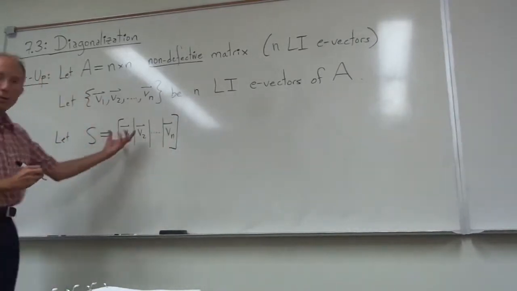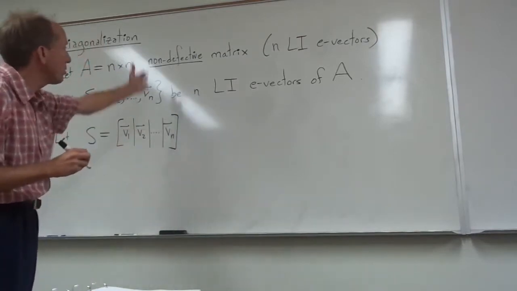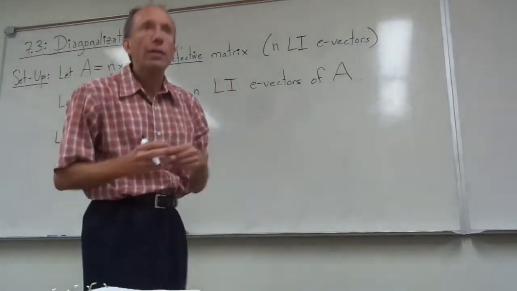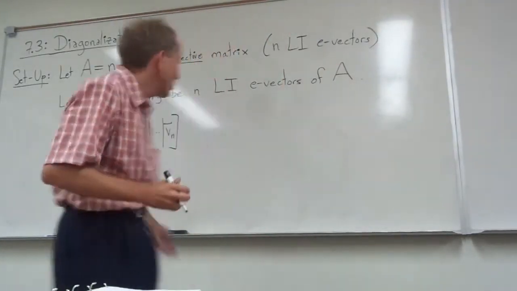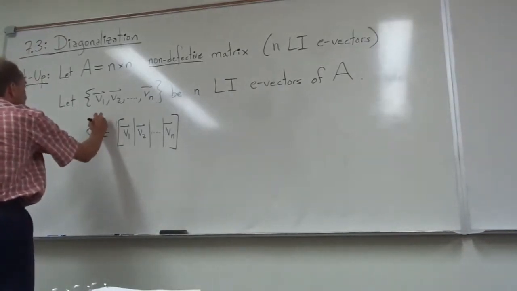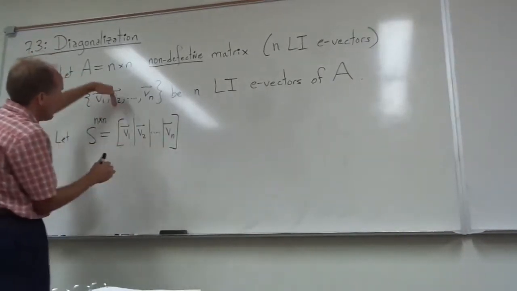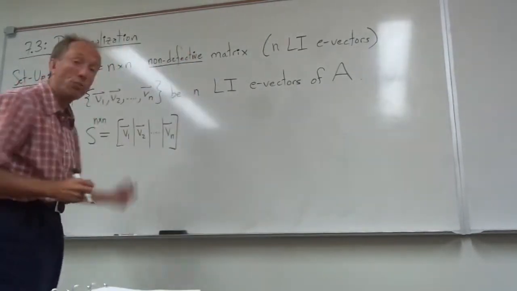Now this matrix has n columns. Each one of these columns is filled by an eigenvector. Those eigenvectors are vectors in Rn, so they have n slots each. So this is actually an n by n matrix. We have n columns, and each column has n slots, so that means there's also n rows.